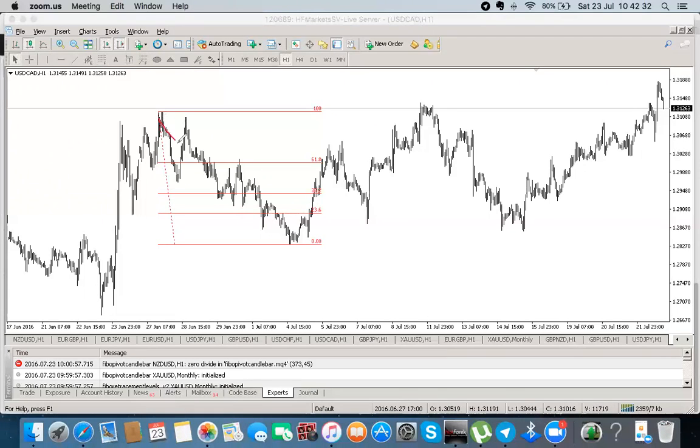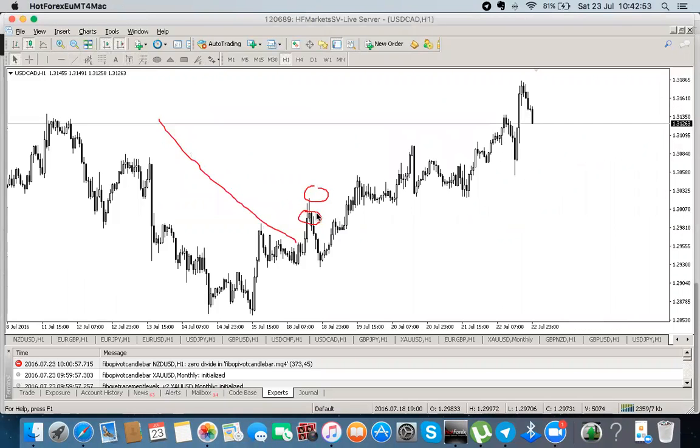Let's look at the market reactions here. The market trended from here to here, and if you look at this zone, the market didn't consolidate for long. It just broke after 2 or 3 candles. The 38.2 also acted as a little bit of resistance right there.